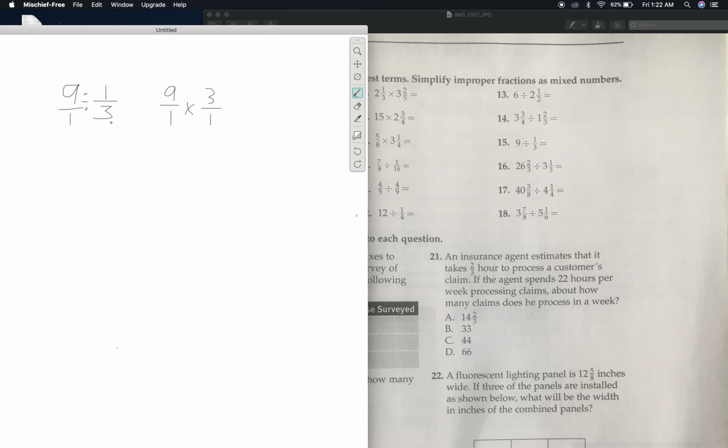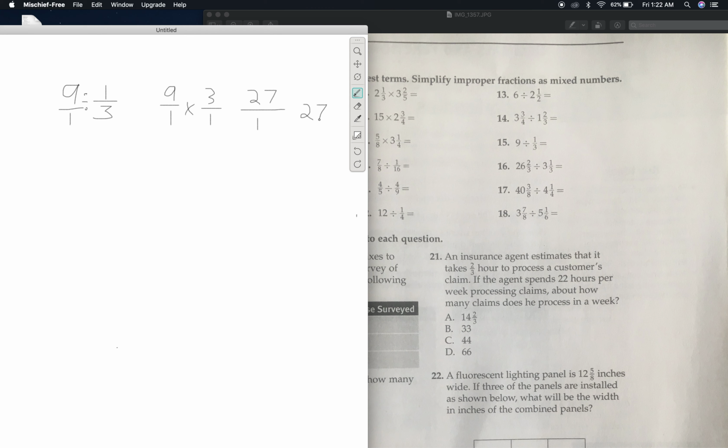So 3 times 9 is 27. Sorry for that accent, not sure where that came from. 1 times 1 is 1, so we need to change this to a whole number. We know that anything over 1 is this number here, so 27.